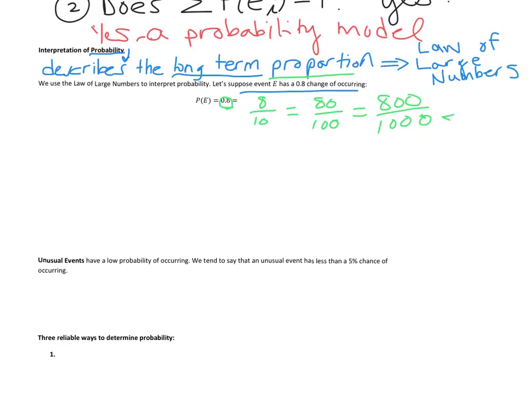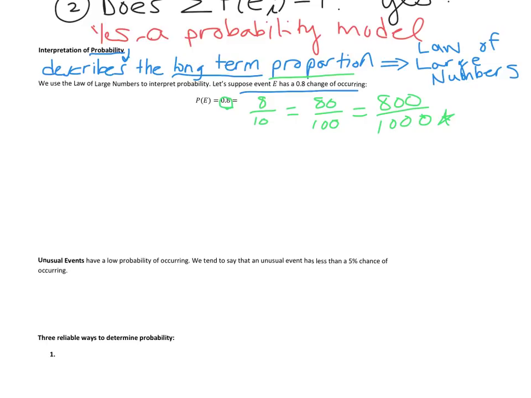Now I'm going to use that because 1,000 is a large number. So this is saying the probability is 0.8, that's like 800 out of 1,000. So out of 1,000 experiments, we would expect about 800 times for event E to occur. Let's write that out.